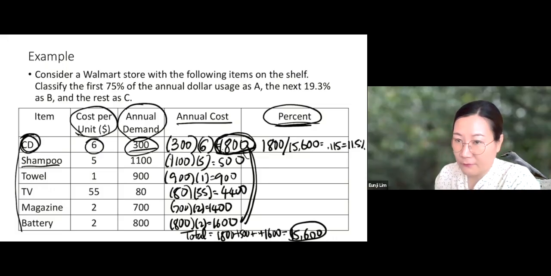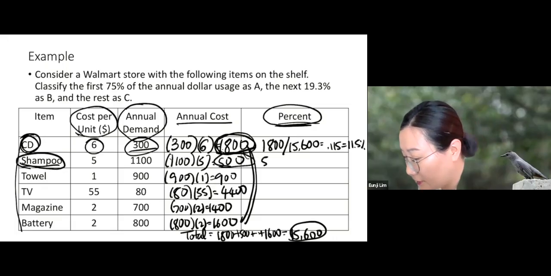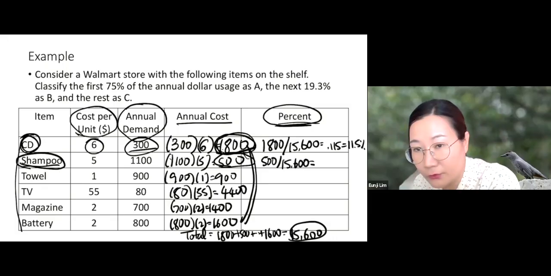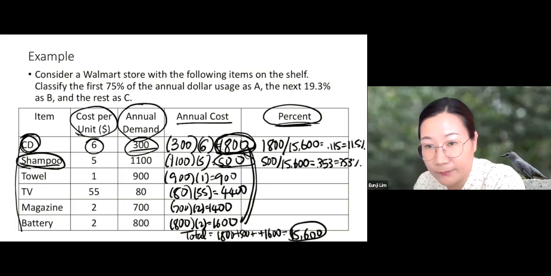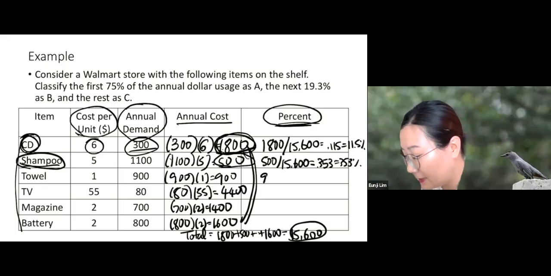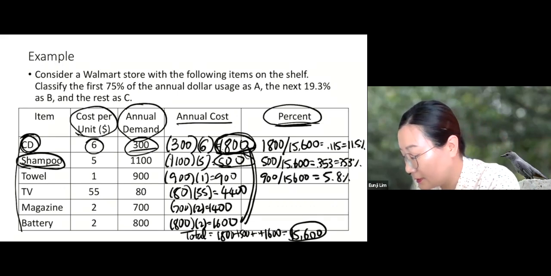And you can repeat this for the rest of the items. For the shampoos, the annual dollar usage is 500. So divided by the total, you get 0.353, which is 35.3%. Next, 900 over 15,600, that's 5.8%.